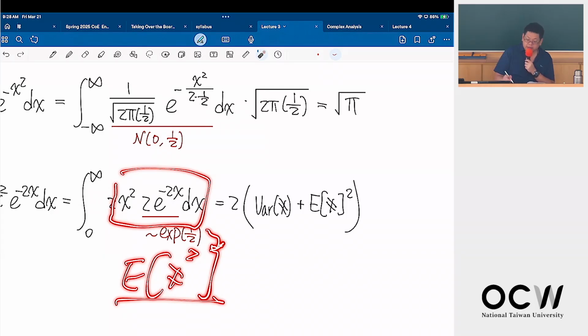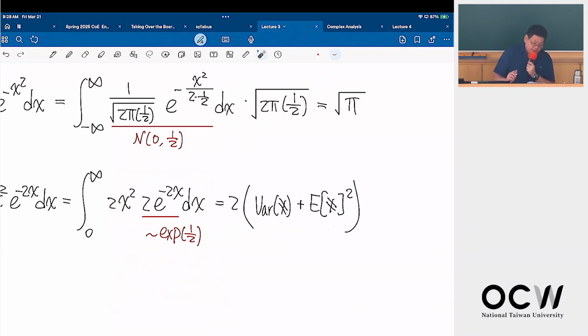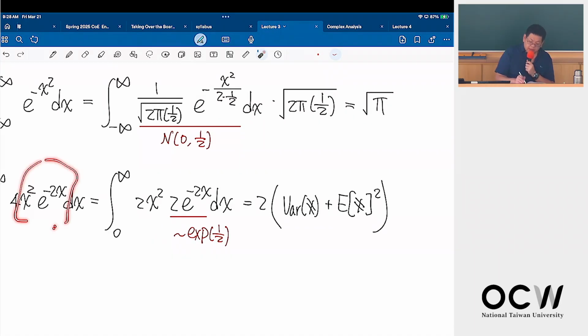Okay, and now you know this is an exponential distribution, so we know the variance, we know the mean, and you can find the answer right away. You don't need to do the integration by parts twice.